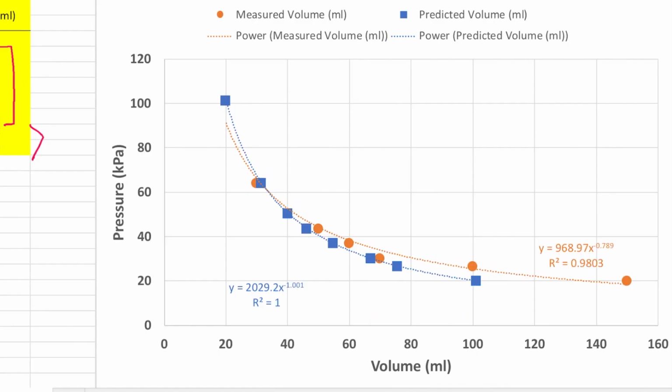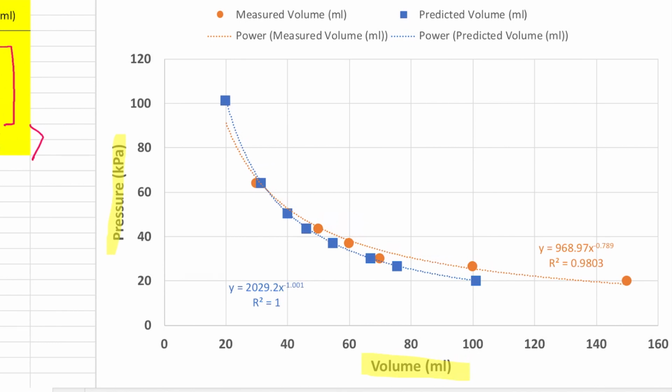Typically when you plot Boyle's law, you plot pressure on the y-axis and volume on the x-axis. The blue data is the predicted volume, so that's the perfect data, and the orange dots are the measured actual data, the experimental data.